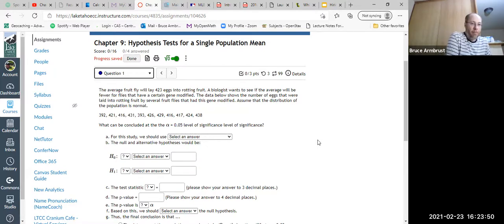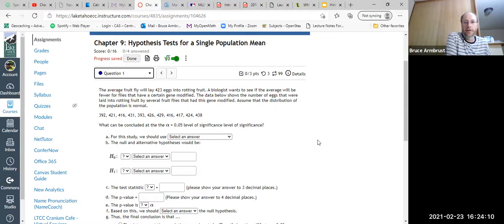All right. The average fruit fly will lay 423 eggs into rotting fruit. Yay. Hope nobody's eating dinner right now. A biologist wants to see if the average will be fewer for flies that have a certain gene modified.